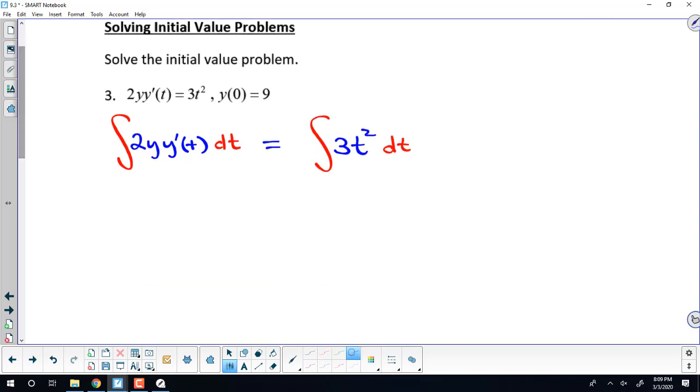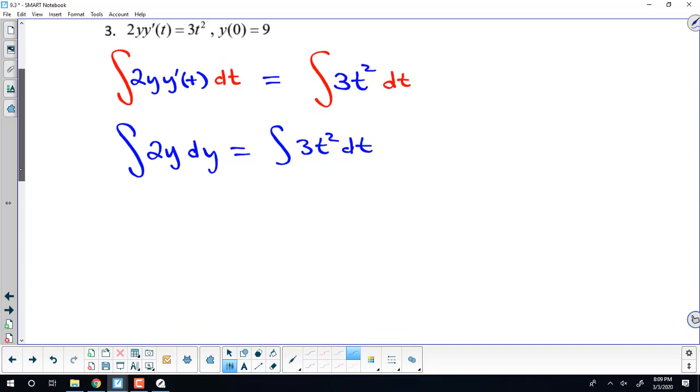So possibly you just start out by saying that the antiderivative of 2y dy is equal to the antiderivative of 3t squared dt. That's fine if you start out with that after you've separated it. I think after you've done 2 or 4 or 8 or 10 of these things, you realize what it turns into. So starting with something like that is perfectly fine.